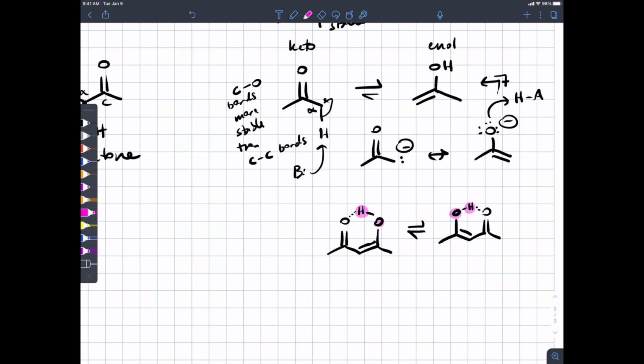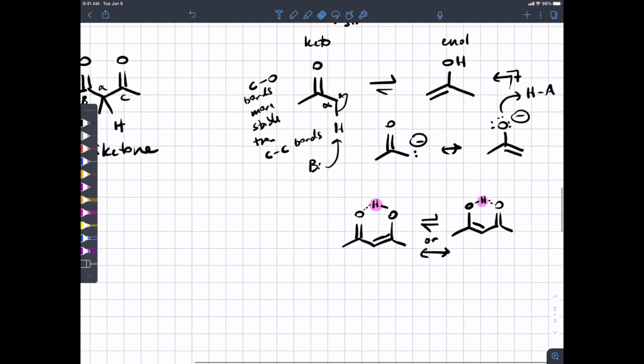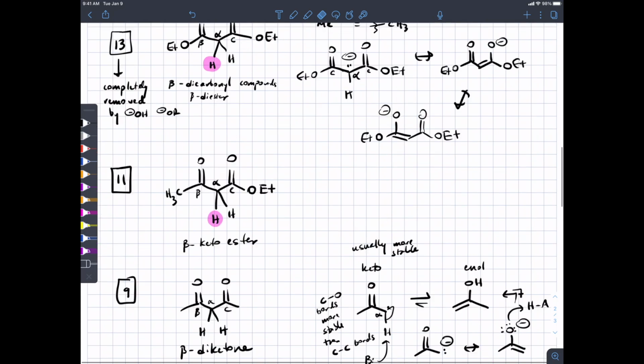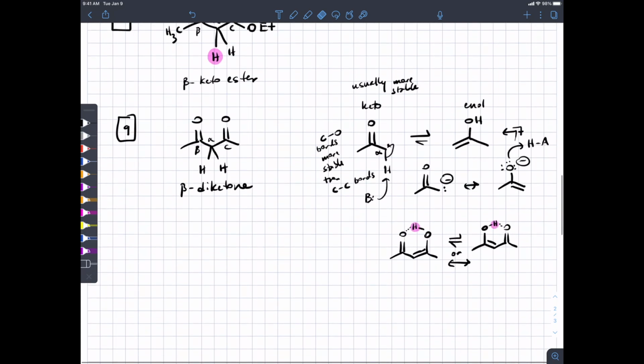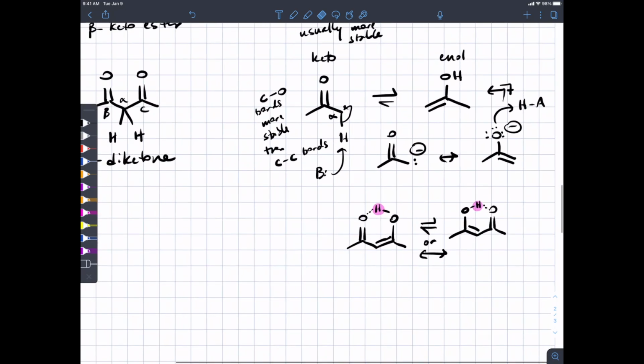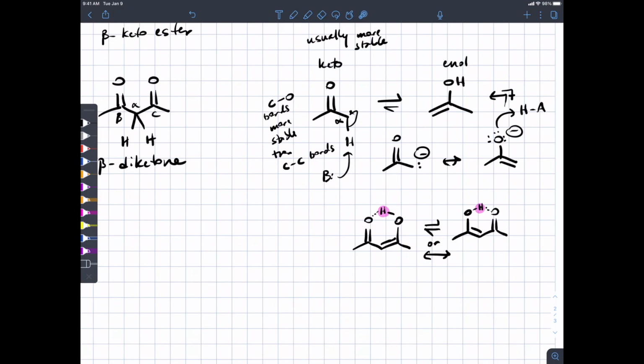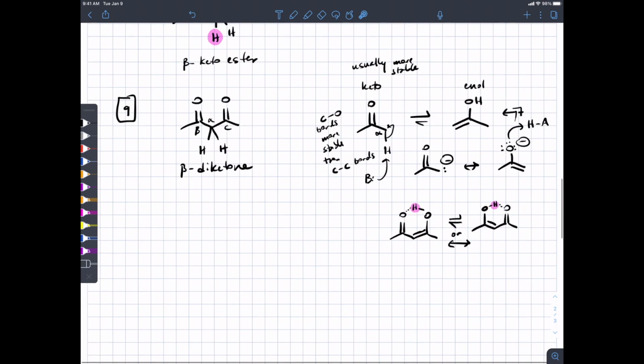Other people believe that these two are actually resonance structures of each other, in which case each oxygen shares the proton evenly. So just be able to recognize the acidity of alpha carbons alpha to ketones, and being able to get from the keto form to the enol form is important, and recognizing situations where enols are more stable is useful too.